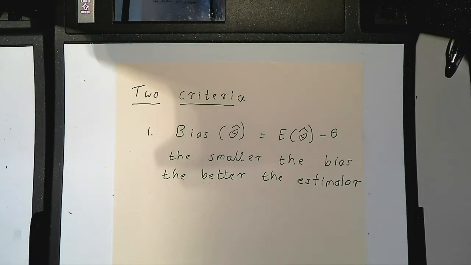The smaller the bias, the better the estimator. Ideally, you would like the bias to be equal to 0, but it's not always possible.